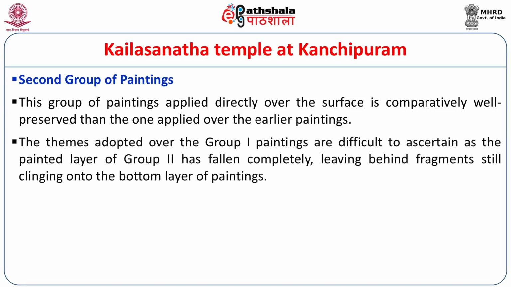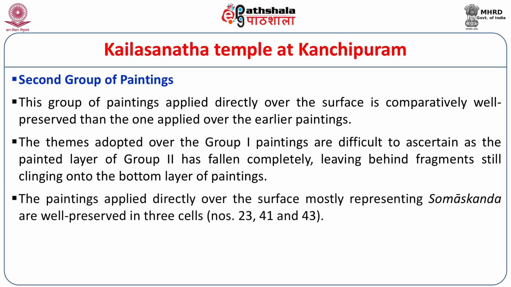The themes adopted over the Group 1 paintings are difficult to ascertain, as the painted layer of Group 2, the superimposition layer, has fallen completely, leaving behind fragments still clinging to the bottom of the earlier layer.